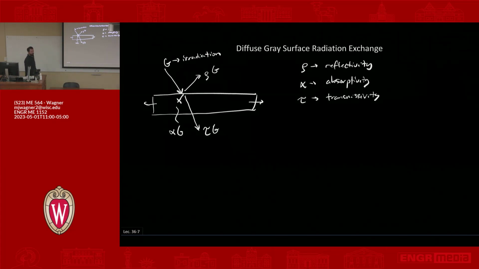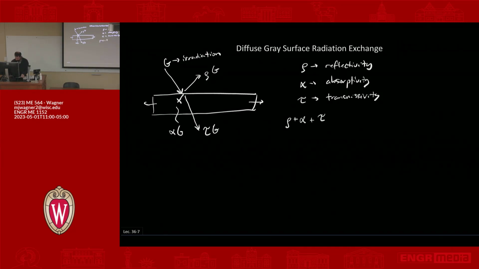They all have to add up to 1, right? The energy that's coming in has to be split among these things. You can't invent energy out of this. So you could do an energy balance on it and figure out basically that the reflectivity plus the absorptivity plus the transmissivity has to equal 1. You could go back and swap out absorptivity for emissivity here if you wanted to, because they should be equal, at least in the case of a diffuse gray surface.